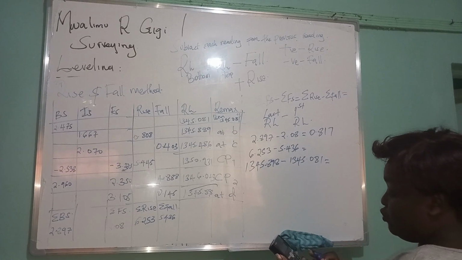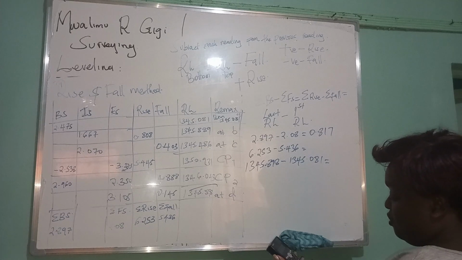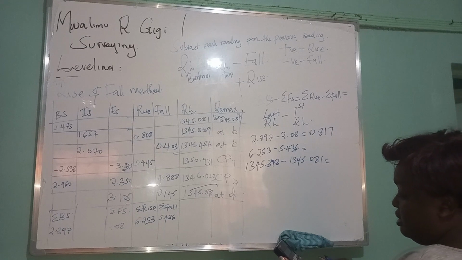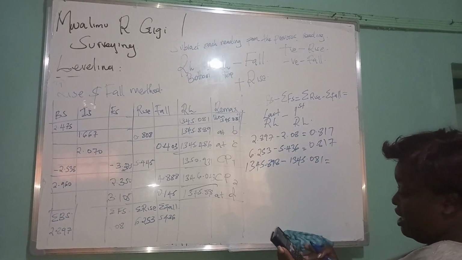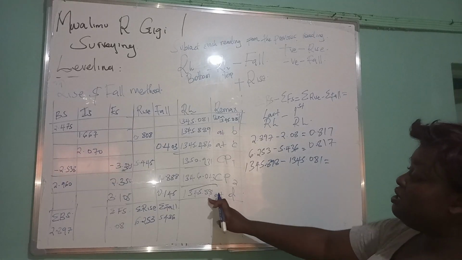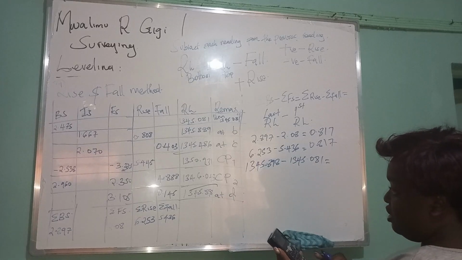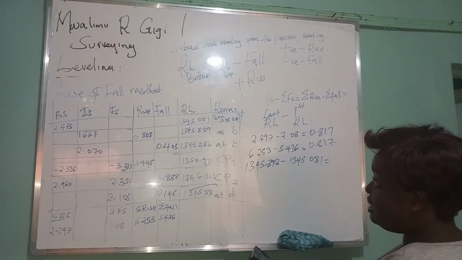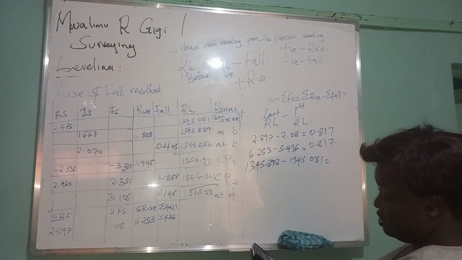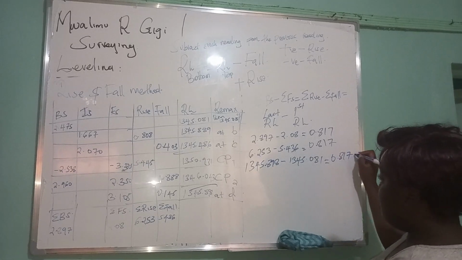Then 6.253 minus 5.436 is 0.817. Then lastly, the last reduced reading minus the first reduced reading, which is 1345.898 minus 1345.081, is 0.817.